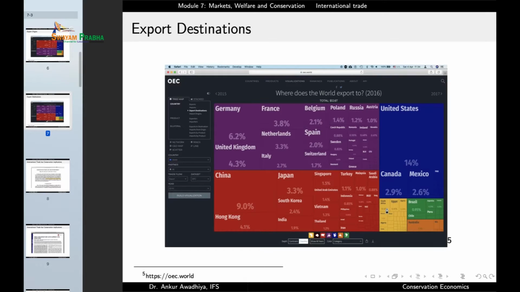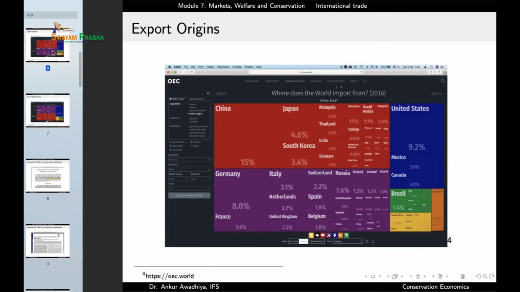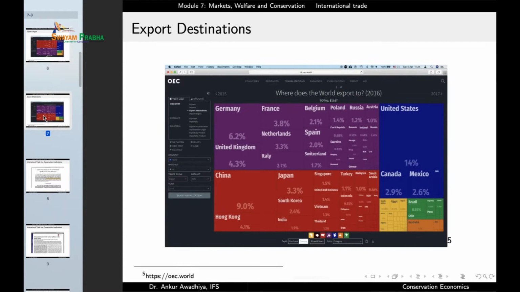The second is China at 9%, followed by Germany at 6.2%. So what we are observing here is that the countries that are the largest export origins are also the biggest export destinations, which means that on the world stage, there are certain countries that are the biggest exporters as well as the biggest importers.